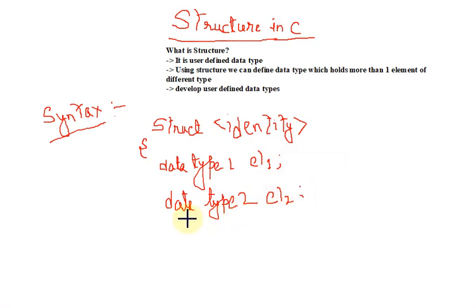We can add multiple data types in the structure, and the structure must end with a semicolon. This is the basic syntax of a structure.